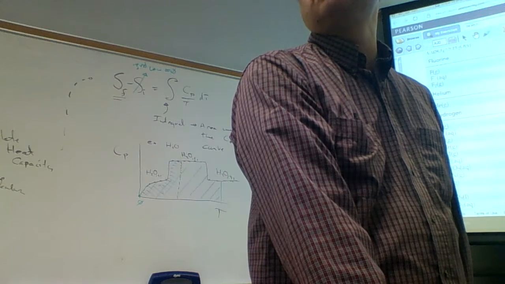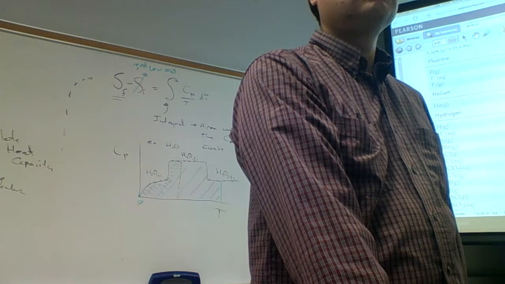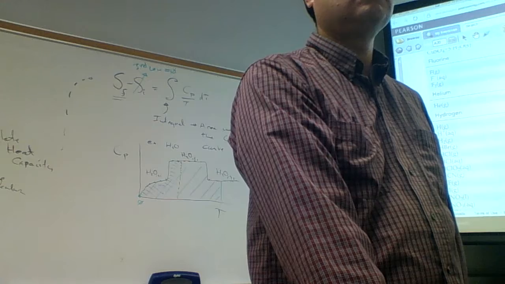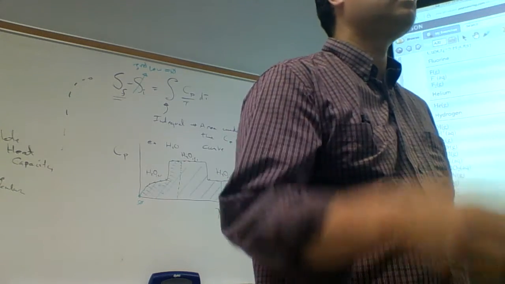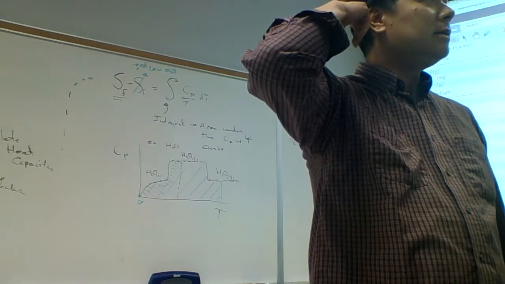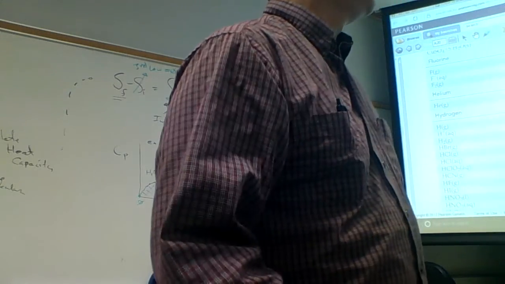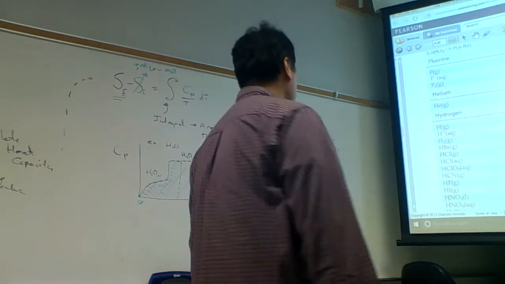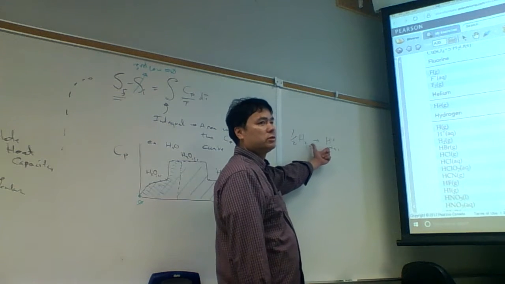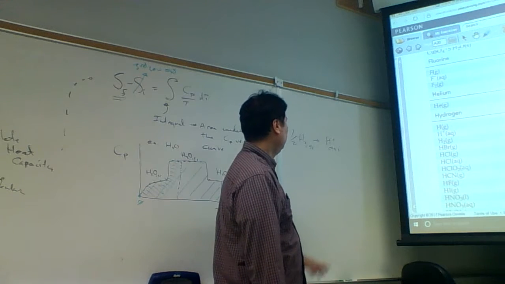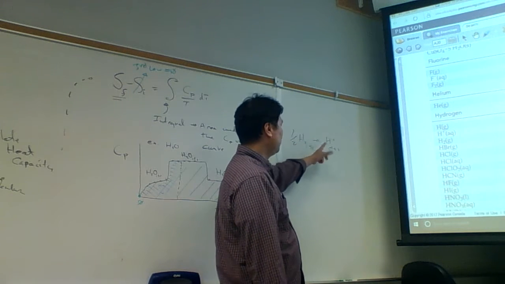What's the hardest on the periodic table? Helium. Helium's the hardest. Hydrogen would be the second hardest. Helium's over 2,000 kilojoules to ionize. Hydrogen is like 1,500. And so we're approaching 2,000 kilojoules just to break the bond and then make the ion.